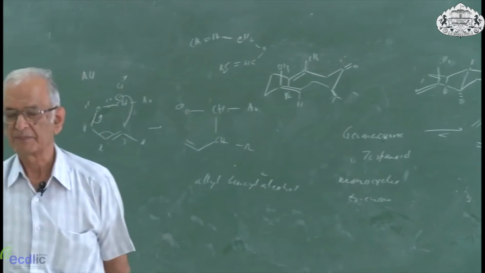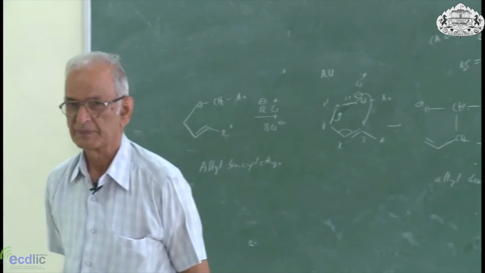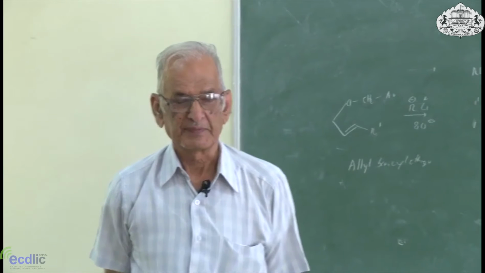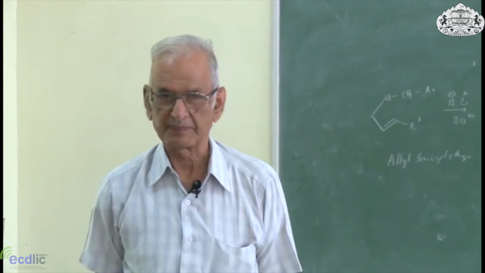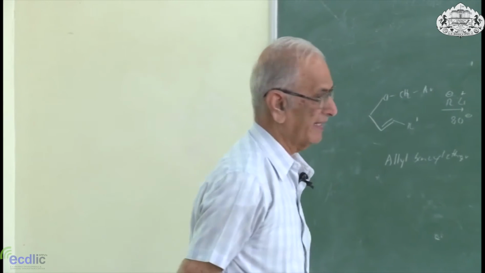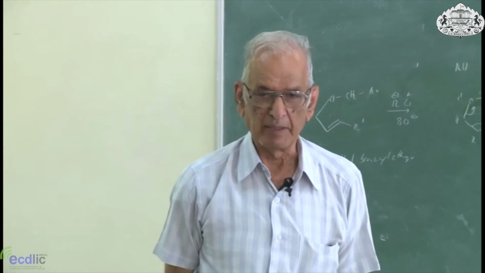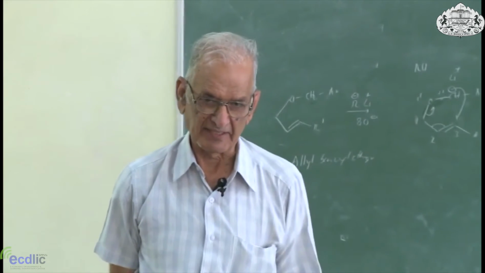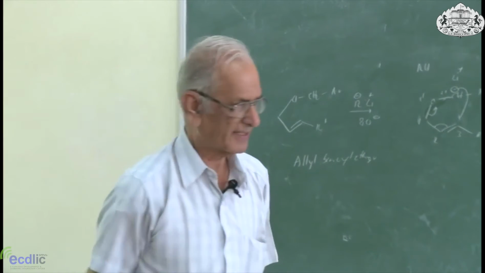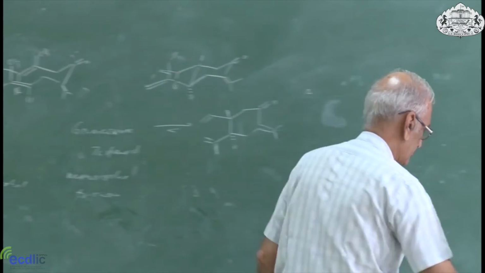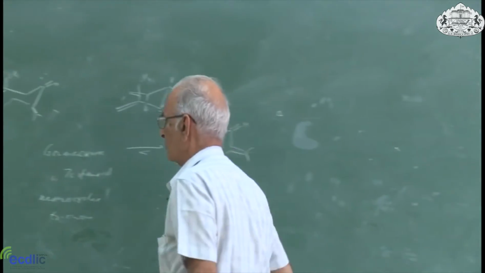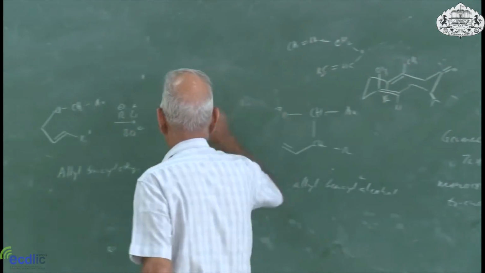So that's your macrocycle. The compound has a 10-membered ring, and the 10-membered ring has both double bonds trans. So that brings us to our last example.